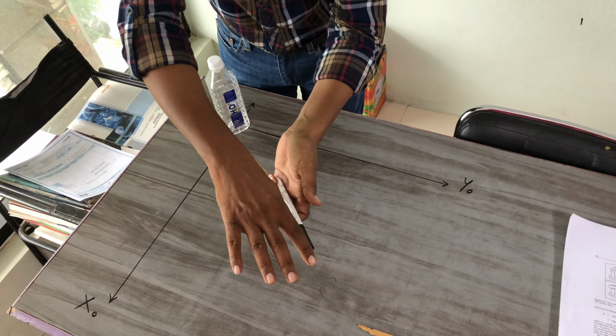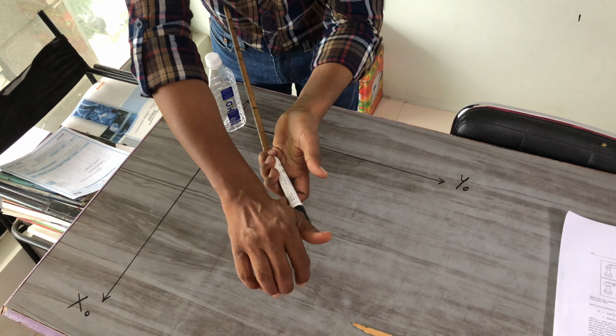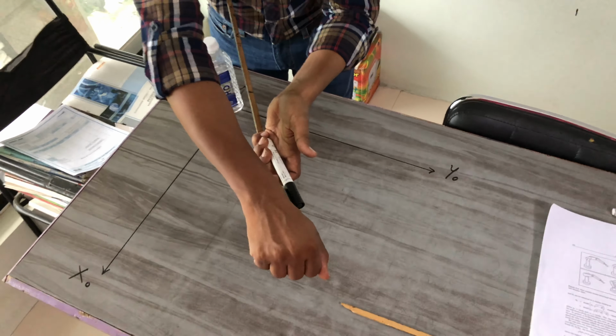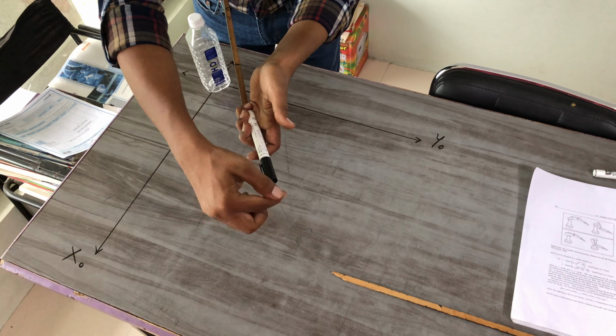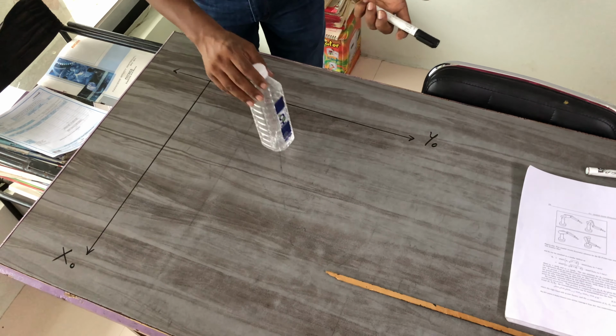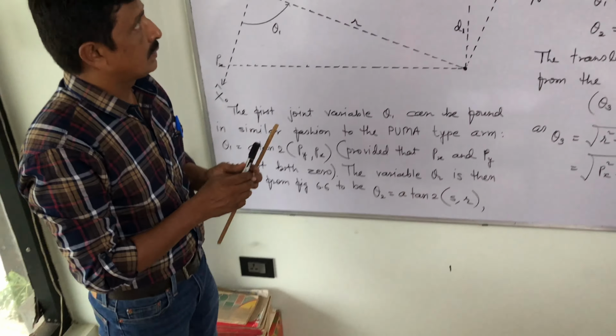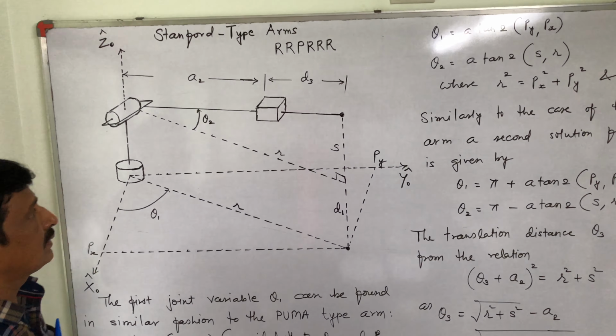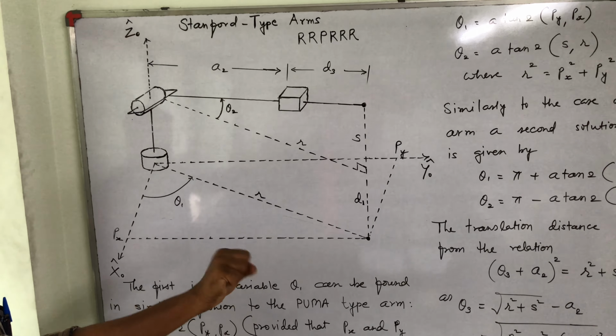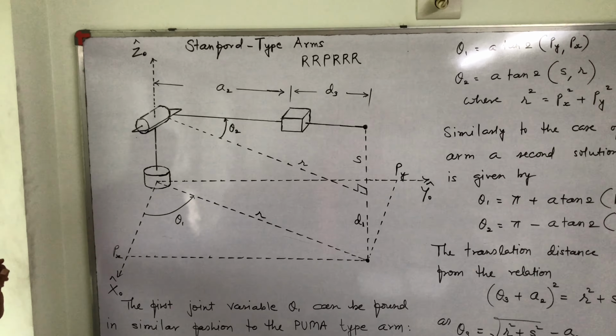And after here, the wrist joint, though this one and this one, but we have not shown them here. So overall 6 joints: first 2 revolute, third one prismatic, and last 3 wrist joints perpendicular to each other.